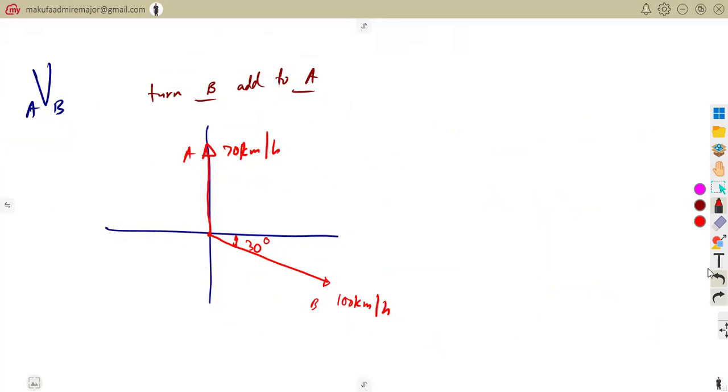So the sketch is important. Then we have the one for the question now. We need to determine the velocity, which is just the resultant in actual sense, because we have to use those components, and also the direction.